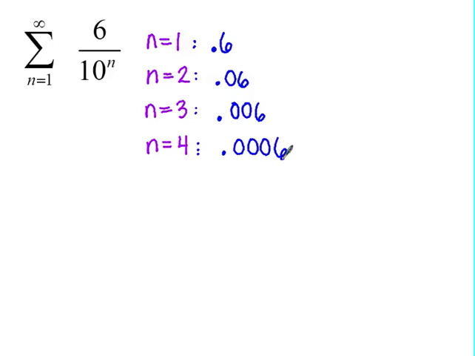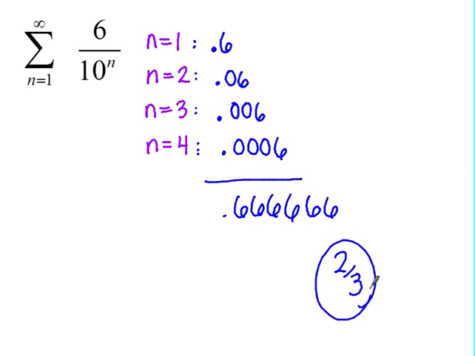So if I add these together, I'm going to get 0.6666, correct? The ones I keep adding on are always just going to keep adding a 6. So what is that going to approach? 2/3. Because if I keep adding a 6, it's going to keep going nonstop, and it's going to be 2/3.